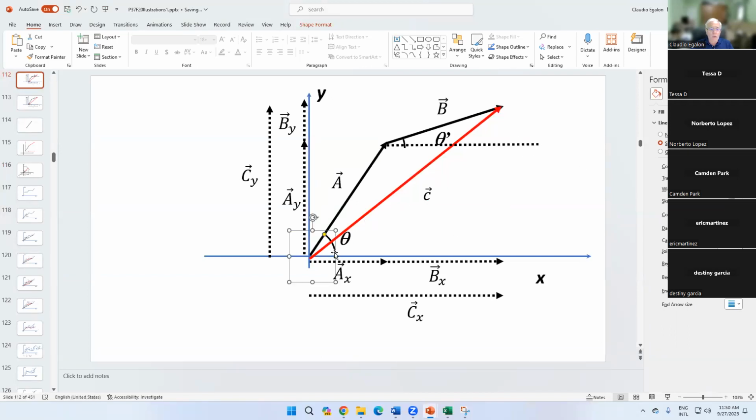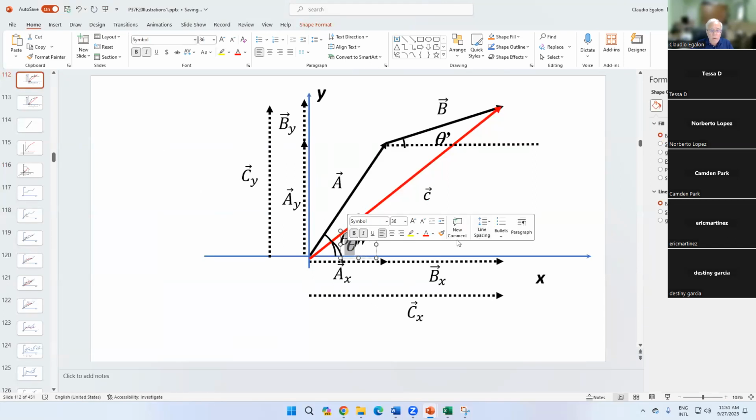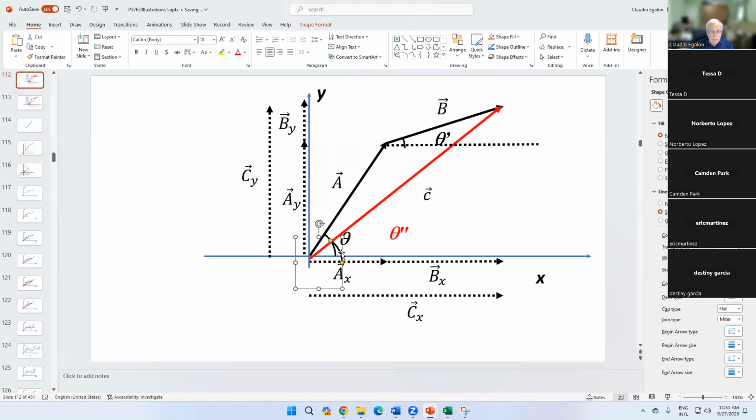And now I have this other one here. The red one is going to be a different theta. I'll call this one... I'm going to illustrate it with red, and make it larger.